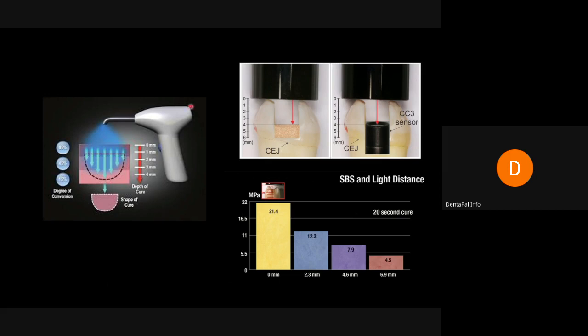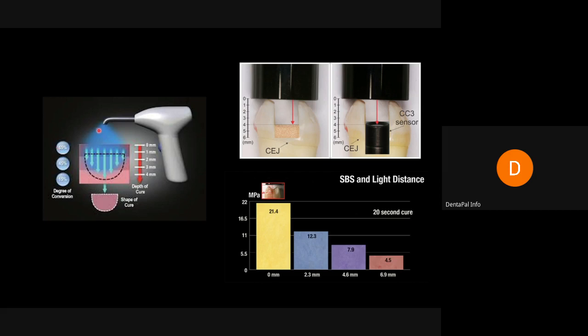What are the other factors that affect the efficiency of light curing? First of all, the distance between the tip of the device and the surface of composite. When the distance increases, the conversion rate will decrease.